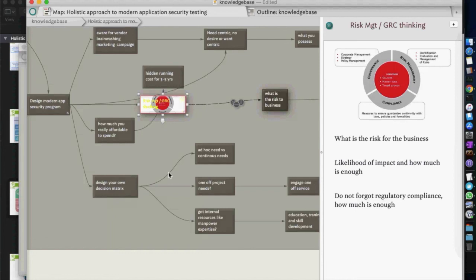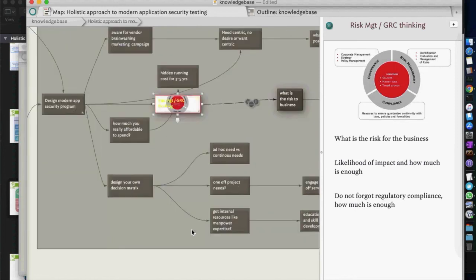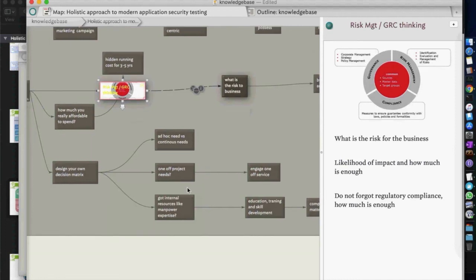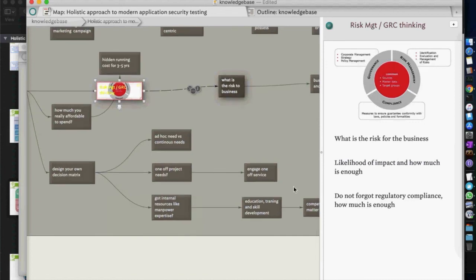Once you have those figures, it makes designing your own security program much easier. For a one-off project that is needed only one time, the most cost efficient way is always to engage people who are willing to provide a one-off service instead, because remember, there is always a hidden running cost when you keep the tool. It is just like a car. Once you own it, you have to maintain it, right?